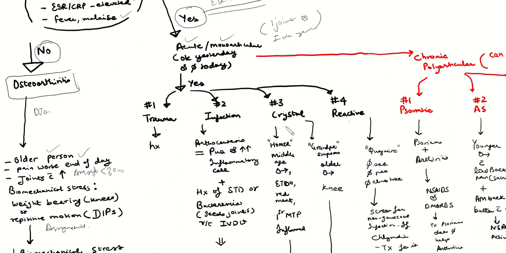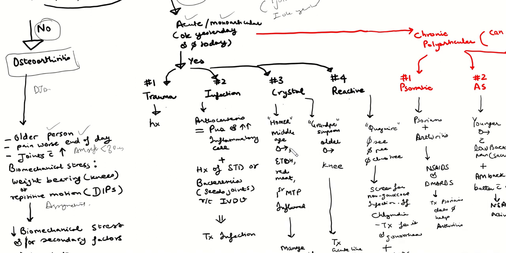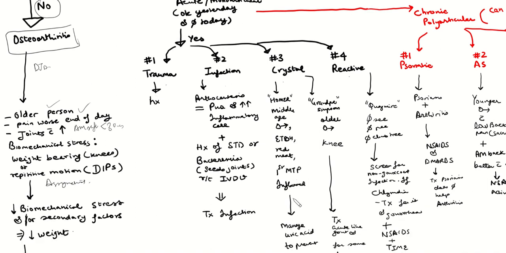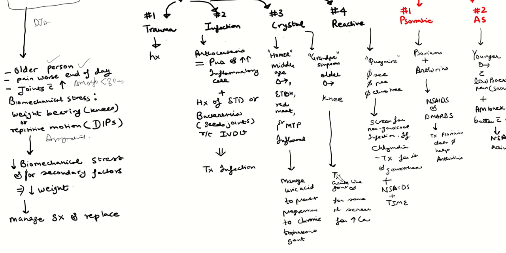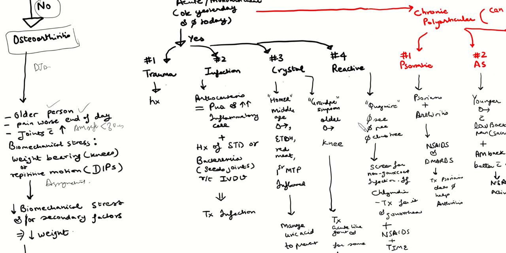Or I get crystal disease with Homer Simpson, who's a middle-aged male, and my question drank alcohol, red meat, and has podagra, right? Or is Grandpa Simpson older male with knee issue, knee acute monoarticular inflammatory arthritis? Or is it Quagmire who can't see, can't pee, can't climb a tree?